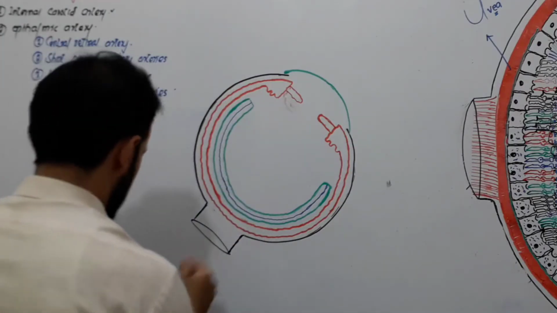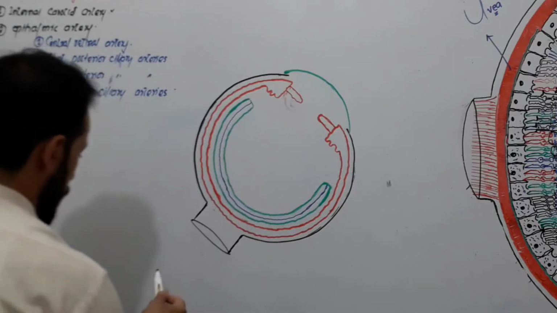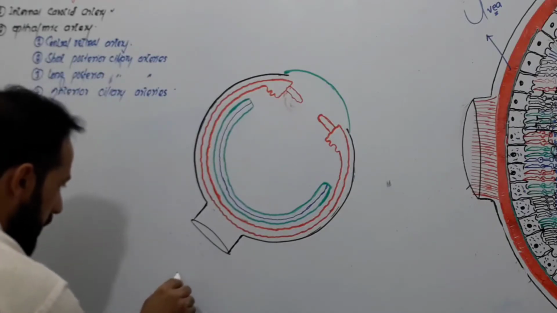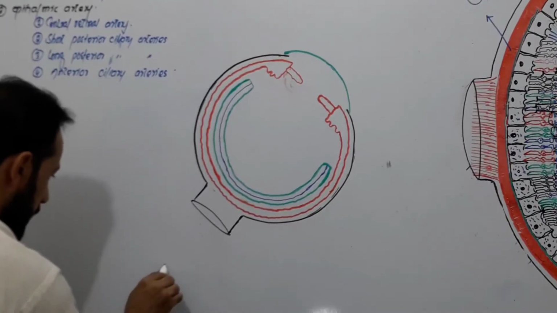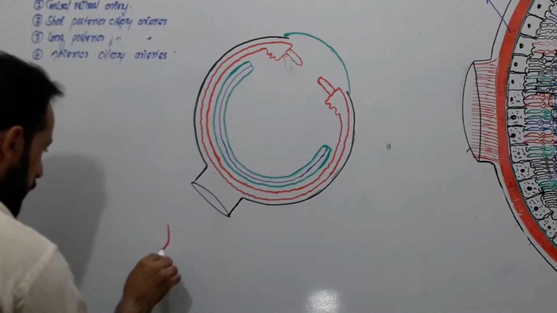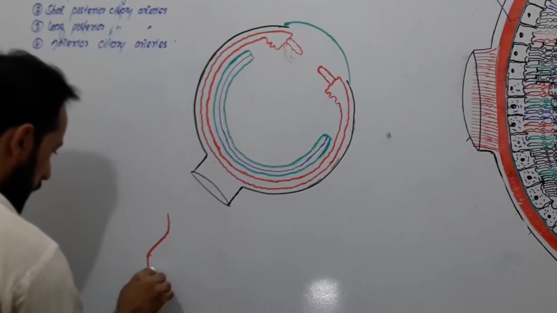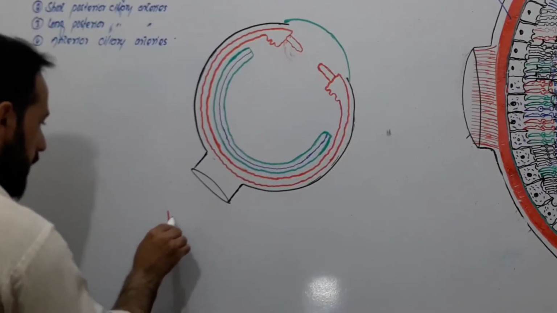All right, let's start the blood supply of the eye. So for example, my dear friends, here is the arrival of our internal carotid artery. Look carefully. This is our internal carotid artery.